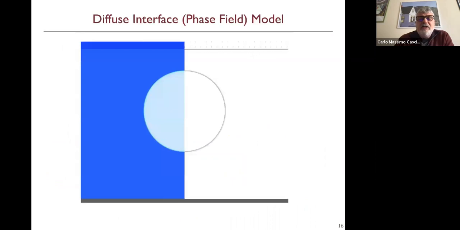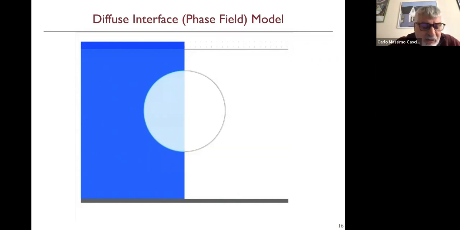In particular, what I'm going to show here is an animation taken from a numerical simulation in which we have an initially spherical bubble close to a solid boundary, the black wall at the bottom.